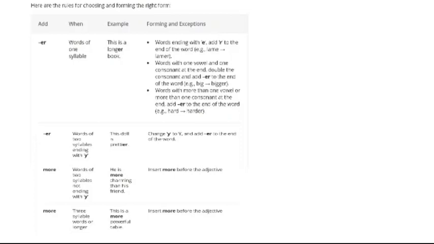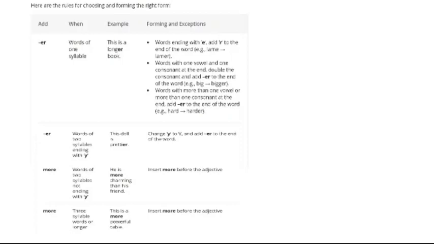For example, big will be bigger. Third, words with more than one vowel or more than one consonant at the end, add er to the end of the word. For example, hard will be harder. Second, er, words of two syllables ending with y. This doll is prettier. Change y to i and add er to the end of the word.